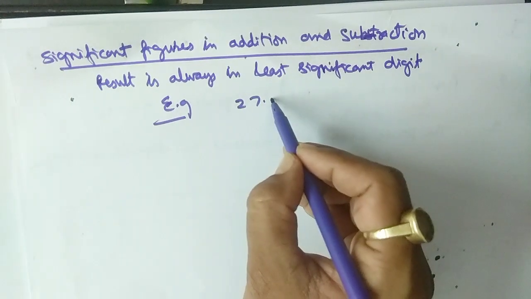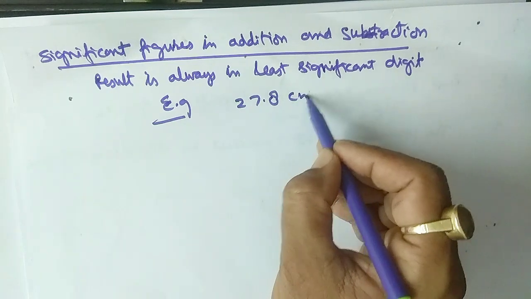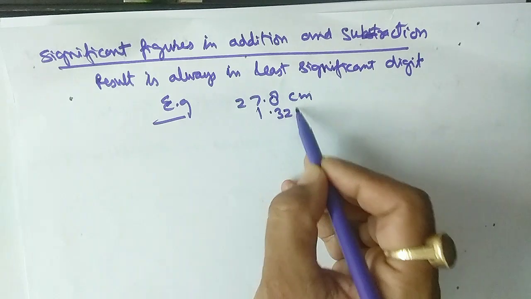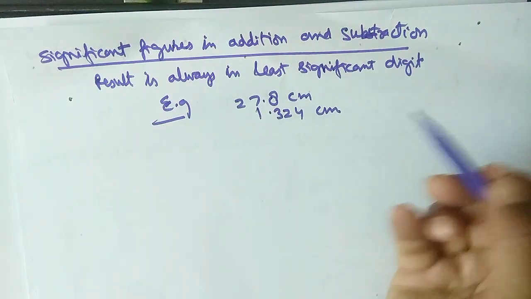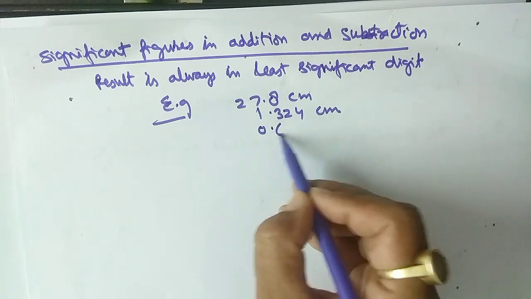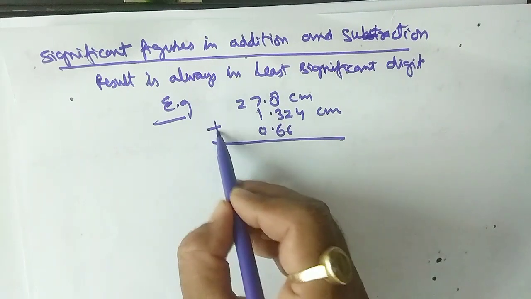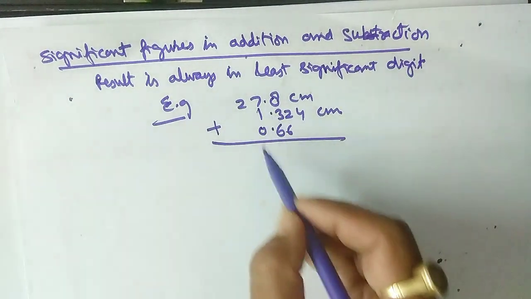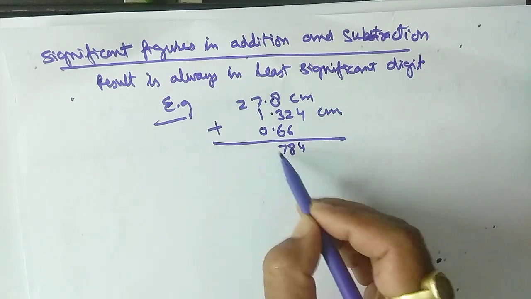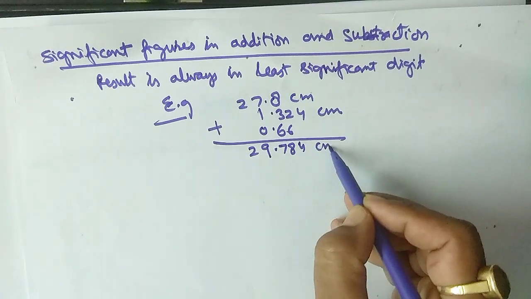Suppose I'm taking the values 27.8 centimeter, and 1.324 centimeter, and suppose taking the different 0.66. So when you add all these three, it is coming 29.784 centimeter.